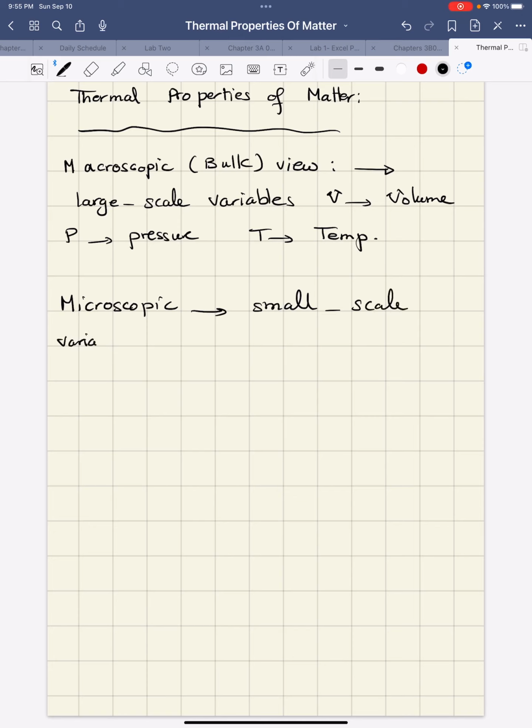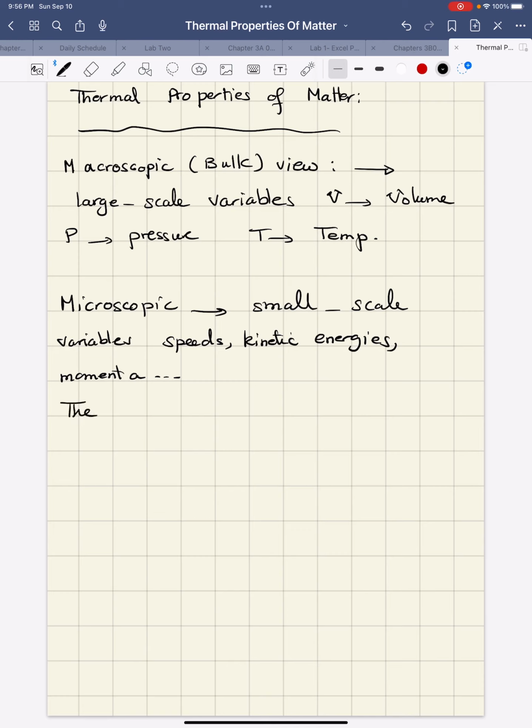And here we are digging inside the material to talk about speeds, kinetic energy, energies, momenta, and other related topics.